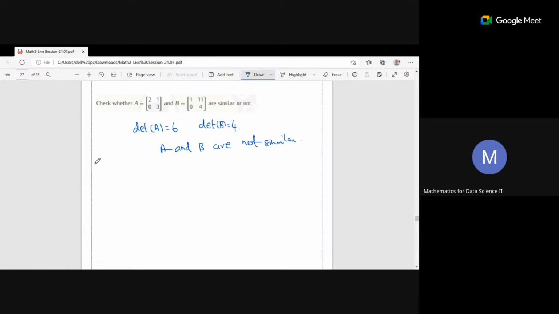See, as I told you, the concept of similarity has more importance. For example, let us say you have a very huge matrix, 1,000 by 1,000 matrix or lakh by lakh matrix. That is your matrix A. And suppose you say it is equivalent to a diagonal matrix. Then finding the determinant is simplified.